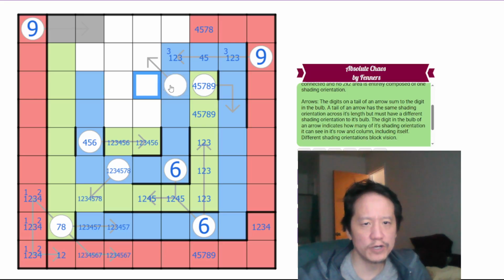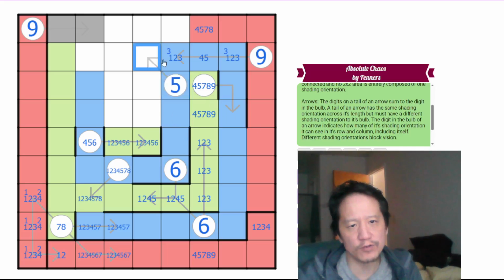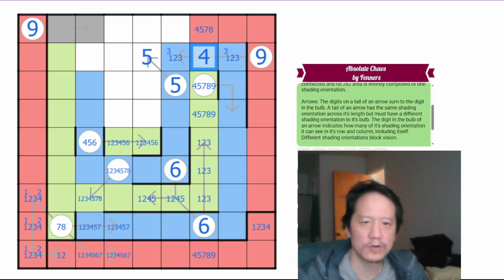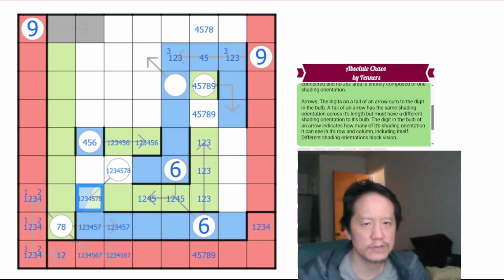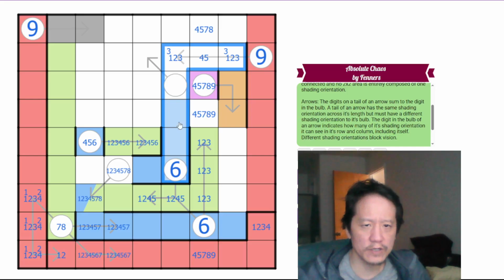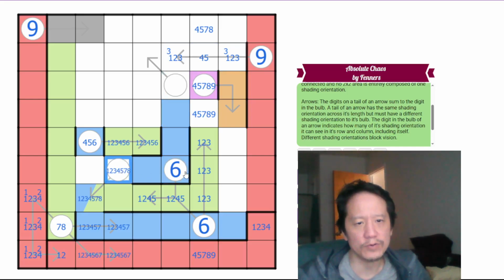So if we did 1 here, that would be 6. So this would have to be 5, which would make that 5. This would be 4. This would have to be green because it cannot. Wait, then that already fails. Okay. So we tried going without that being blue.